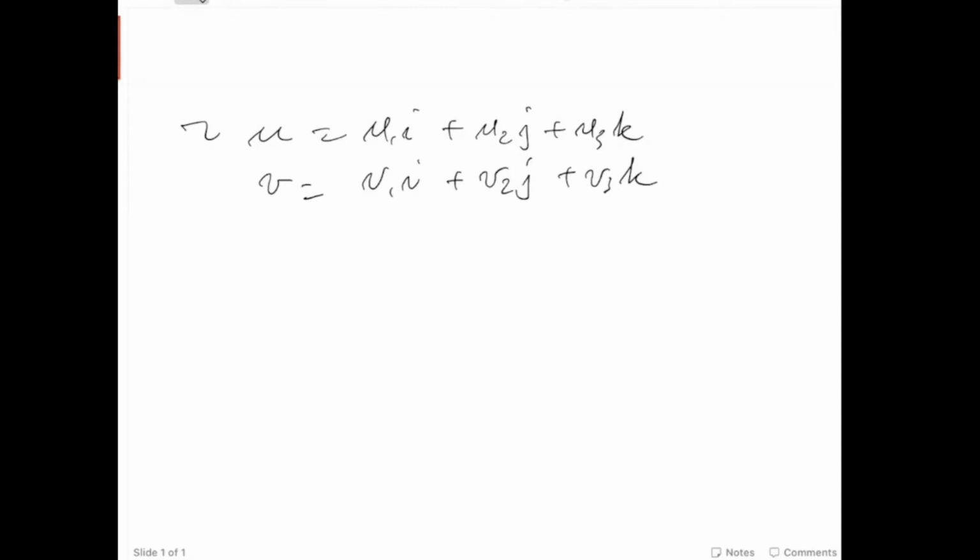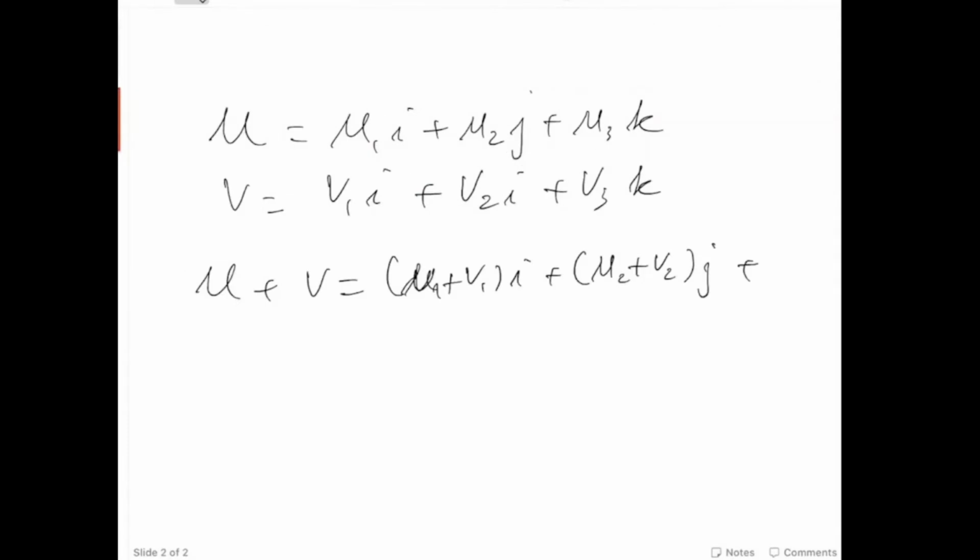And of course, you can then do u plus v, where you have (u1 plus v1)i plus (u2 plus v2)j plus (u3 plus v3)k.